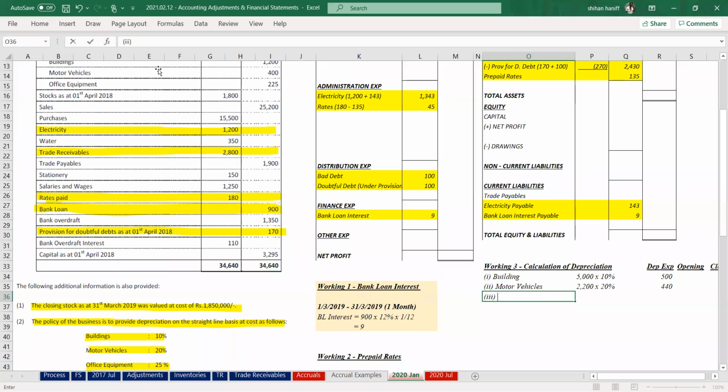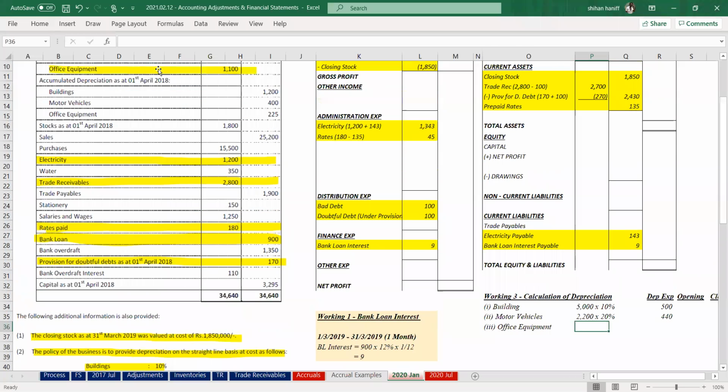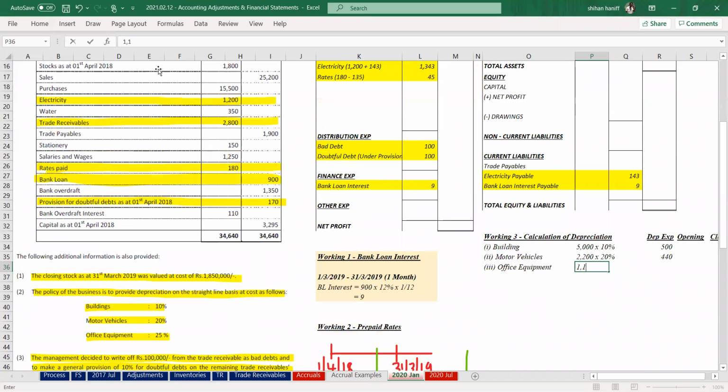Then office equipment. Cost is 1,100 into 25%, 275. So these are the expenses, depreciation expense.